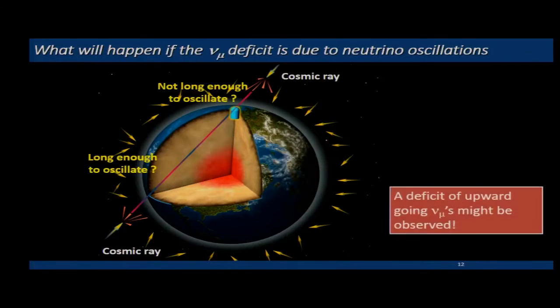Therefore, if we observe a deficit of muon neutrinos in the upward-going direction only, that can be the evidence for neutrino oscillations. So from the beginning of the Super Kamiokande experiment, we carefully analyzed the data.